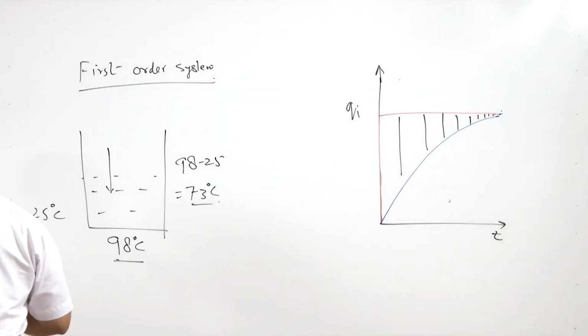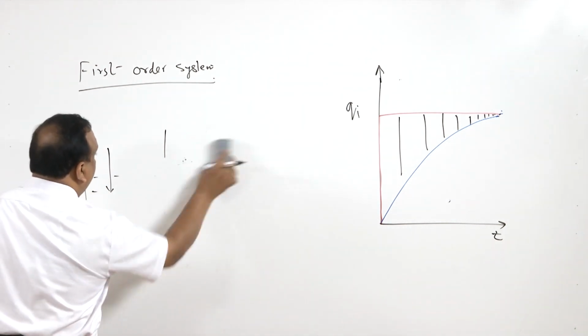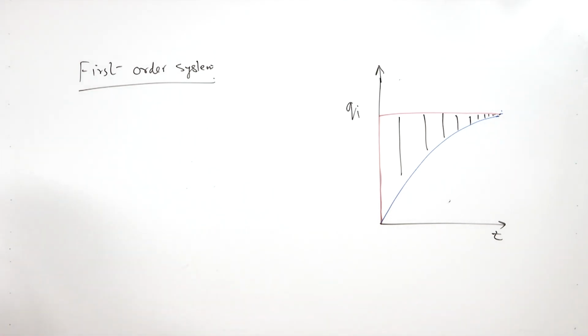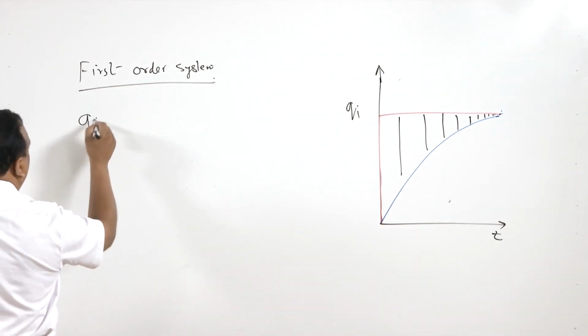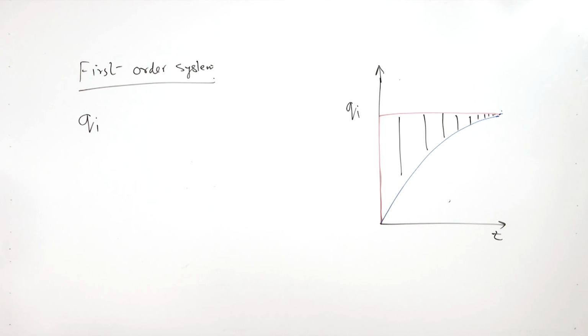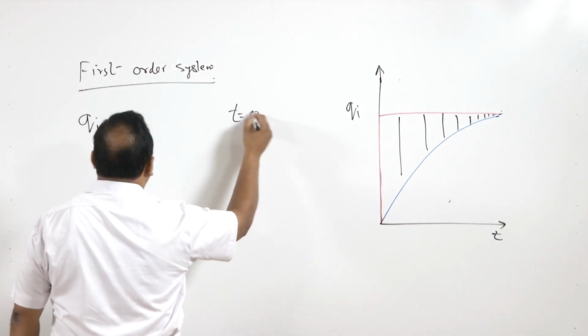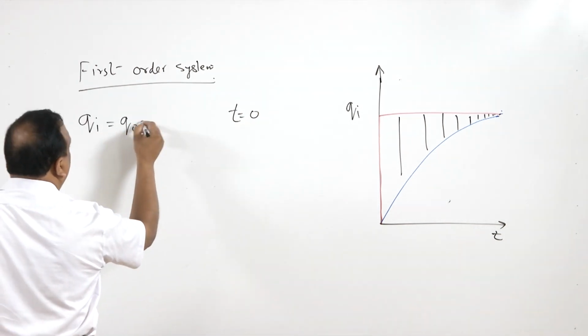Now we will do some mathematical analysis of this type of system. For the purpose of mathematical analysis, first of all we will start with input qi. Input and output both are 0 at t equal to 0. So when t is equal to 0, initially input and output both are equal and both are 0.